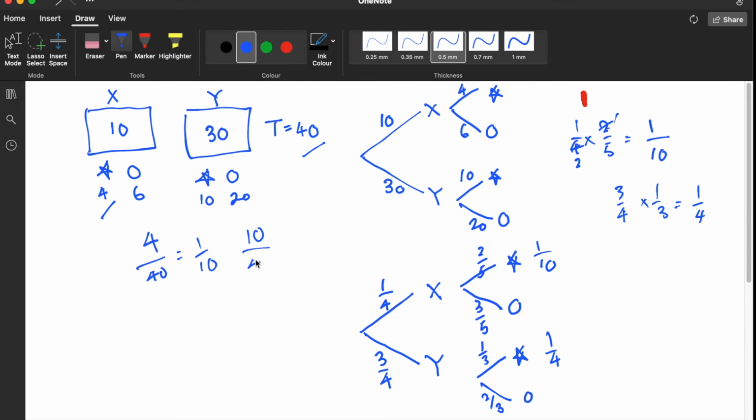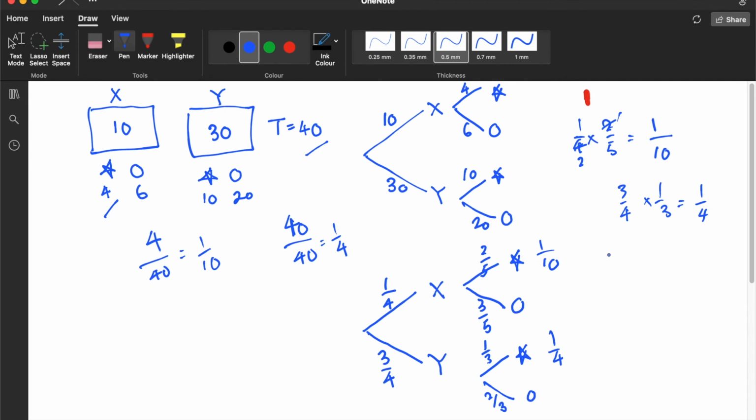So divide by the total number of shapes, 40. That will simplify to 1 over 4. Right? So this fraction 1 over 4 represents the number of stars from box Y over the total number of shapes.